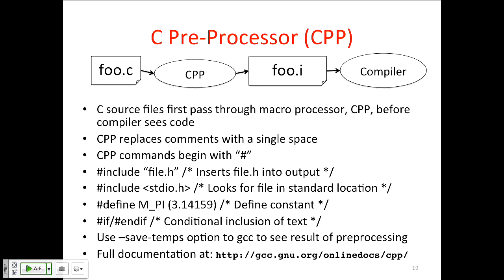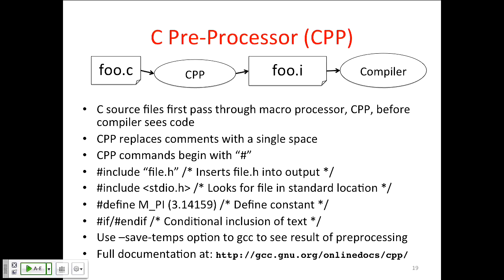Another thing you can do with the preprocessor is define macros to save you typing the same thing over and over again. One example might be you want to use the constant for pi. You don't have to type 3.14159 and so on every time you use pi in your program. What you can do is define a symbol, and this is done in the math library, M_PI, to be equal to the string representing the number pi.